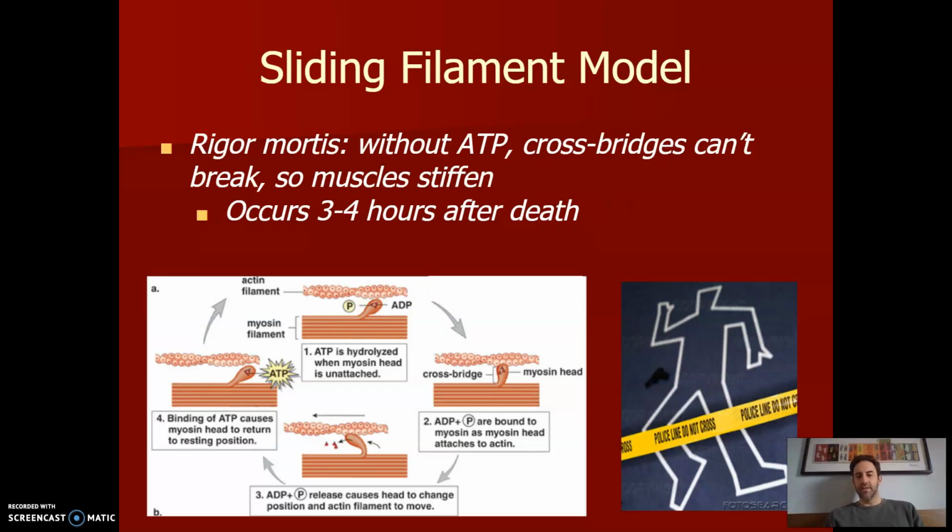Your muscles stiffen up and your body gets rigid after you die. That's because you can't make ATP anymore. And so these cross bridges form and they don't let go and your muscles seize up in place. That happens several hours after death.